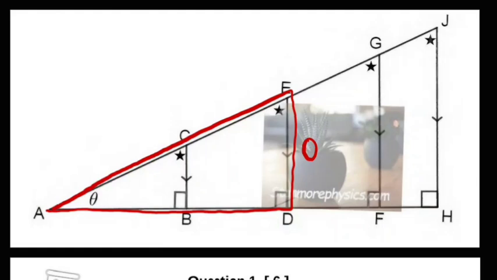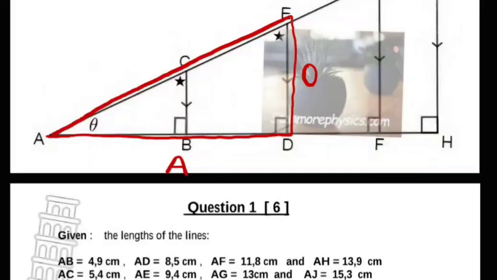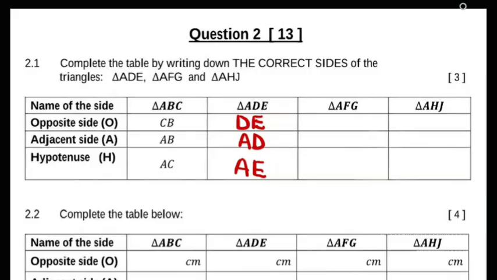The adjacent side, the side next to theta, would be AD. And the hypotenuse for this triangle, which is opposite the 90 degrees, would be AE. Sorry, that's supposed to be H. Okay, that's the hypotenuse. So let's just remember, the opposite side is DE, the adjacent side is AD, and the hypotenuse is AE.